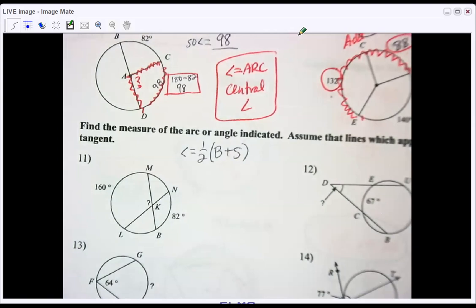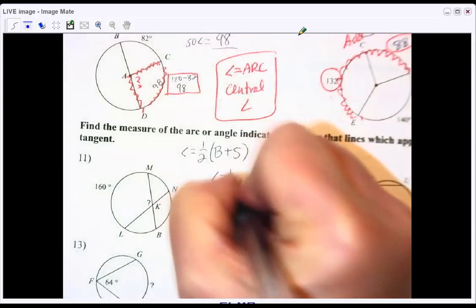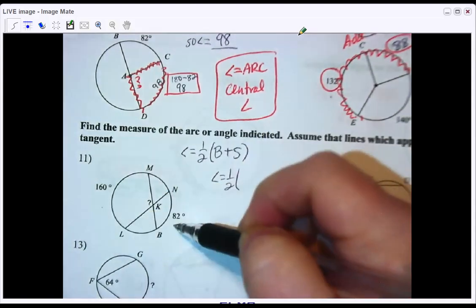So go ahead and put your answer in the chat box. Fill it in. We're just going one arc plus the other arc.